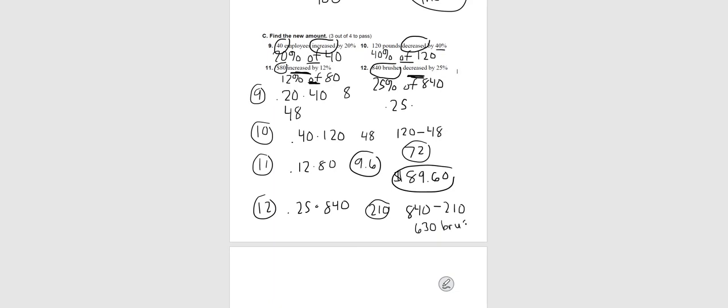Okay, now we are going to move on to part D. I think that part D is probably the trickiest part on the test, but you just have to remember what you're doing when you're finding the price, discount, or markup.